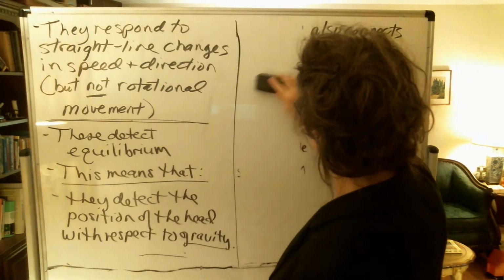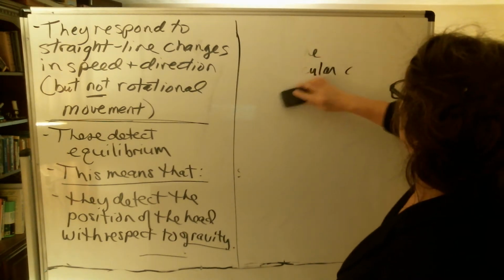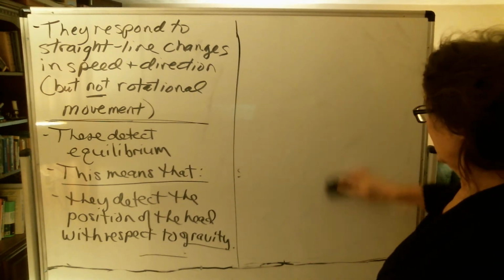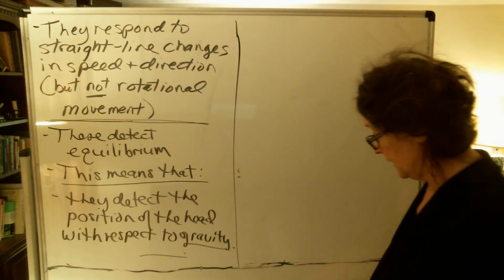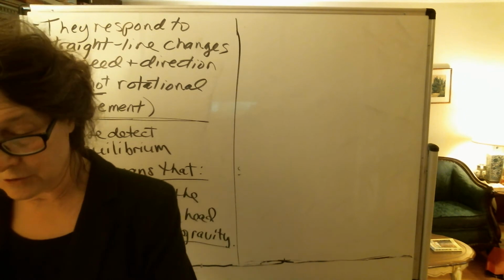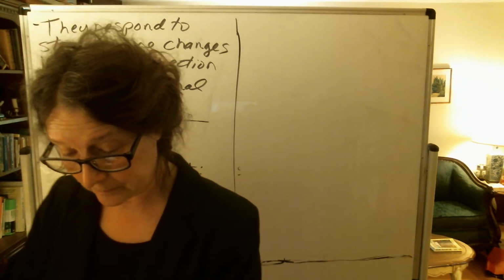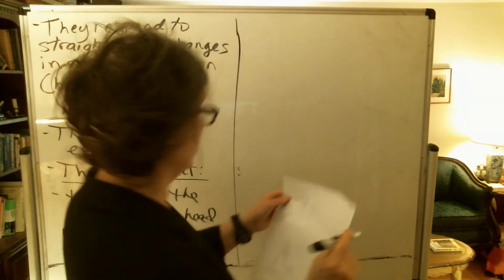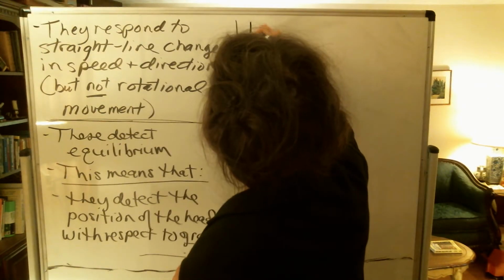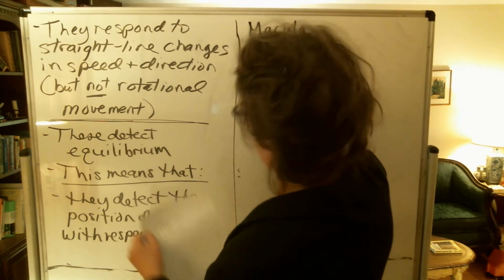So what I'm going to do now is draw you a couple of pictures, and then I will take quite a bit of time explaining what those pictures are showing you. So bear with me for a moment here. I'm going to draw you a macula.